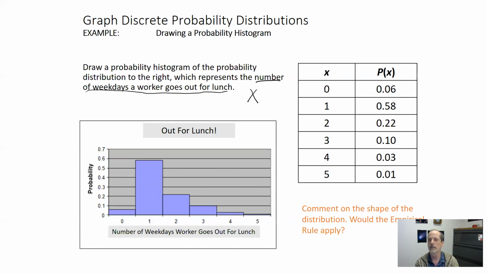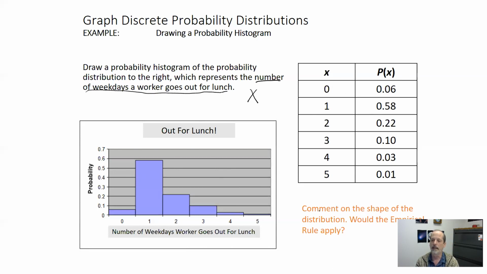I could go to lunch 0 days in a week, 1, 2, 3, 4, or 5. But there are only 5 work days in a week, so that's where we have to stop. And each has its corresponding probability. Most of the time they go out one day per week. And then we can create a table here that represents this probability distribution.